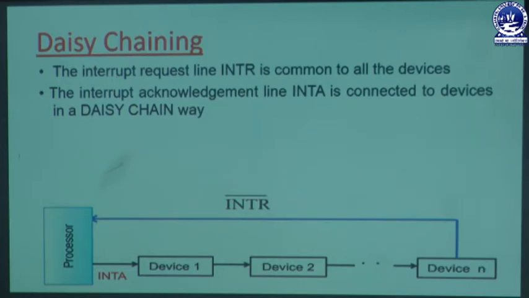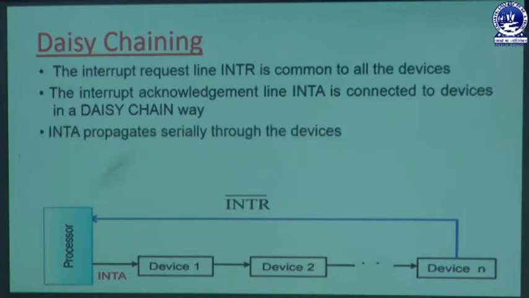So the devices are connected on the basis of priority. In this picture, device 1 has the highest priority among these n devices, and device n has the lowest priority among all the devices.